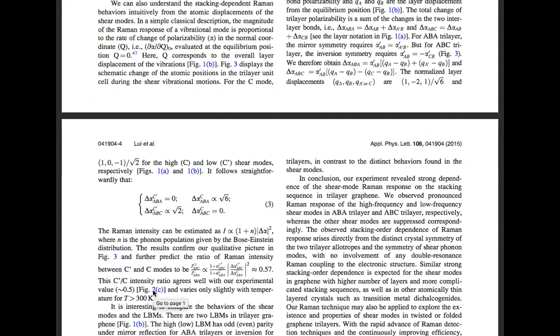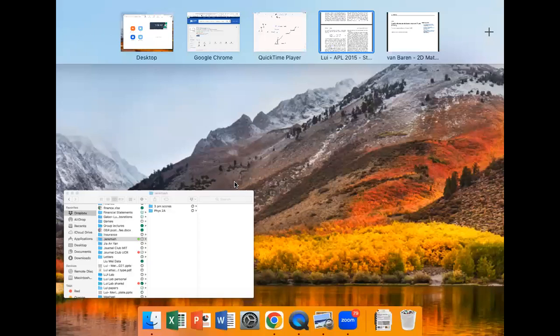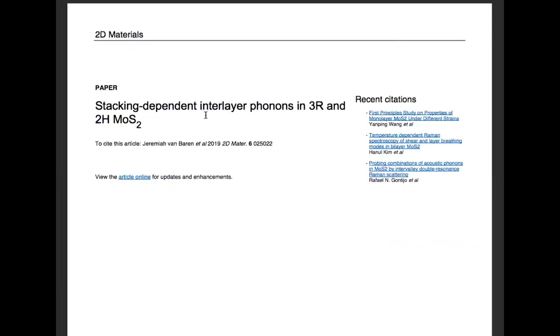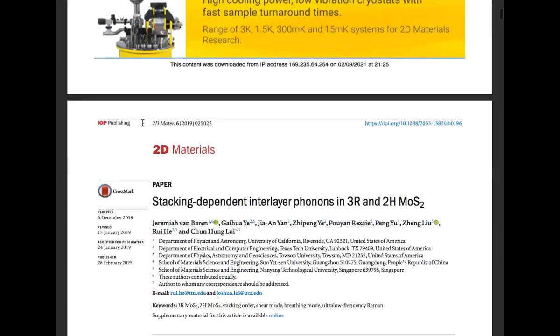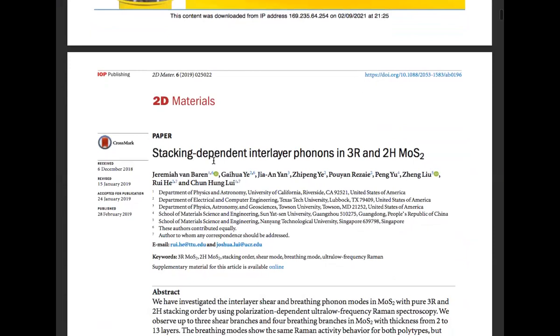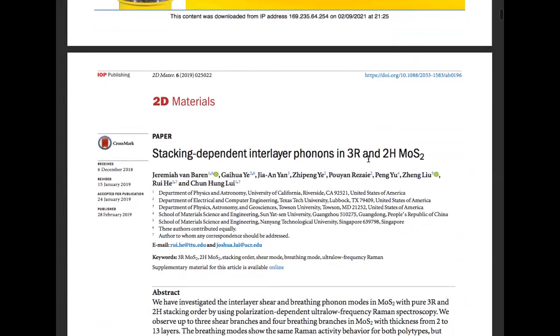Okay. So let me draw your attention to another paper. This one. This is Jeremiah's paper, called Stacking Dependent Interlayer Phonons in 3R and 2H MoS2. Both papers, the measurement was done in Professor Rui's lab, and we analyzed the data.